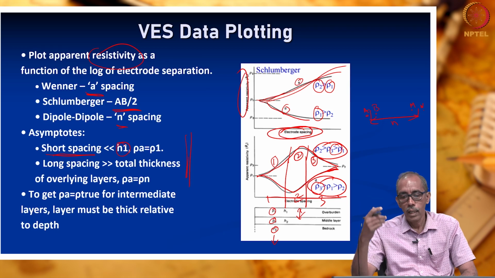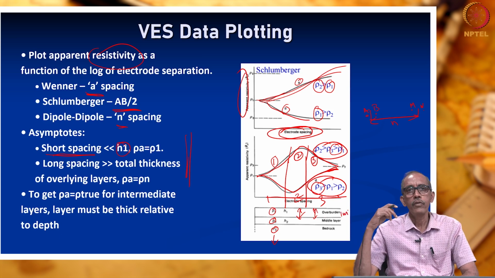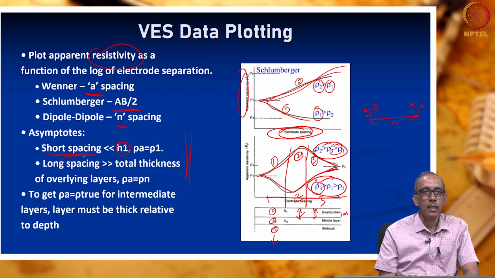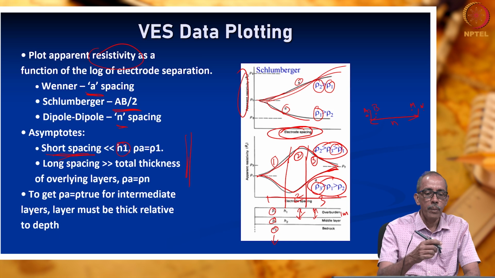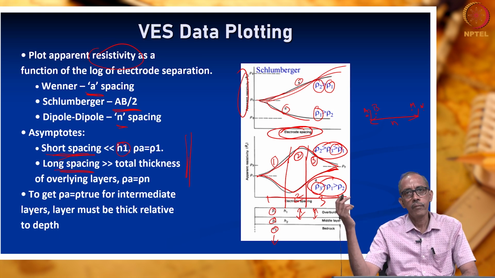Suppose the thickness of the first layer is just 1 meter. If you start your survey by the Wenner method with a spacing of 3 meters, we are going to miss the first layer. That is why spacing is very much dependent on the thickness of the first layer. Spacing can be much more if the thickness of the layer is very high.